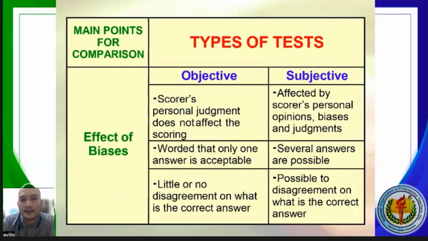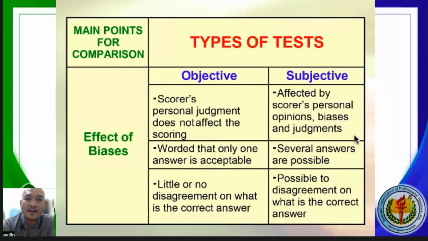Objective and subjective type of test. Kasi ito yung effect of biases. Okay? Pag objective, scorer's personal judgment does not affect the scoring. Pag subjective, minsan, meron siyang biases and judgment. Okay? So, paano bang objective type? O yung mga multiple choice, iisa ang sagot mo. Maglagay ka ng isang answer.